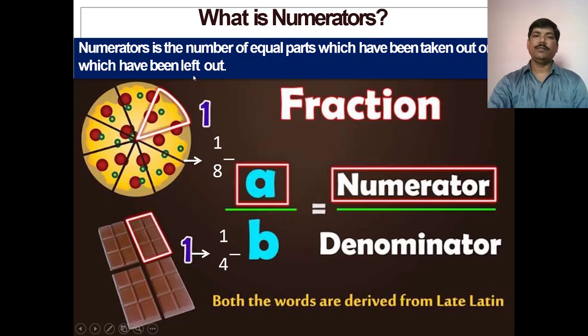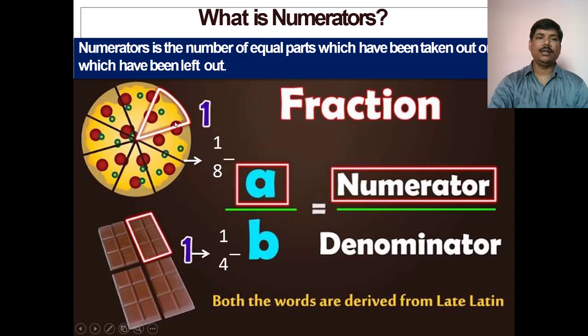What is the numerator? Now we will define the numerator. How can we identify the numerator? The numerator is the number of equal parts which have been taken out or which have been left out.